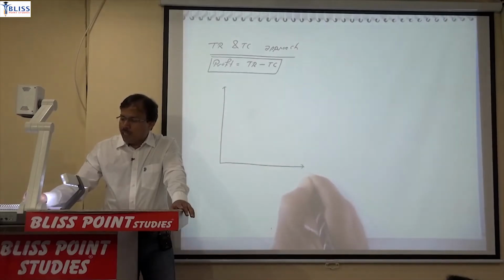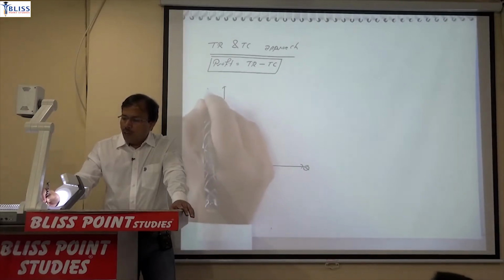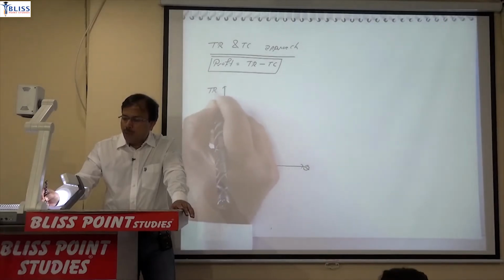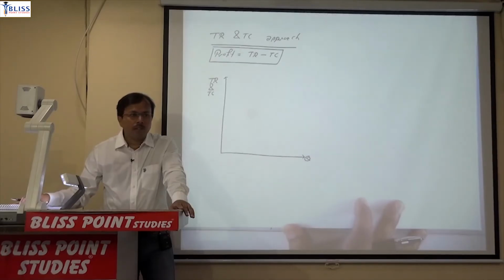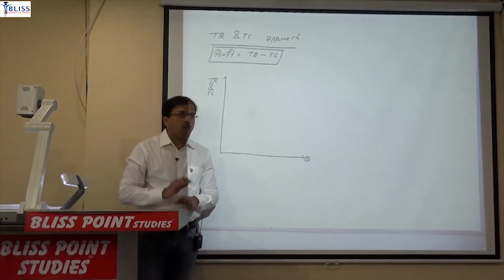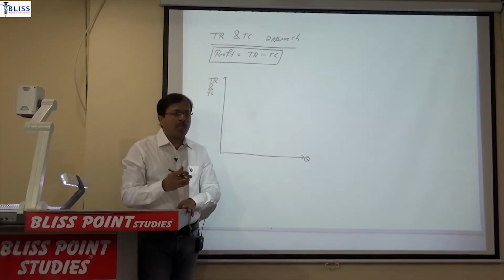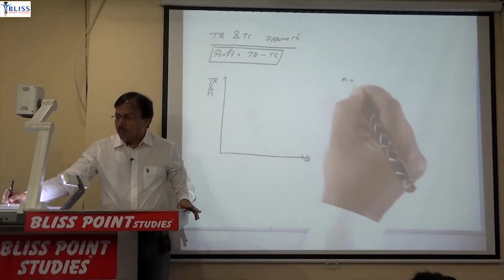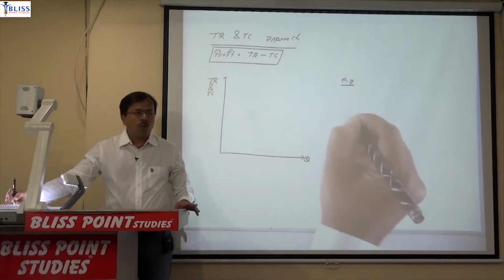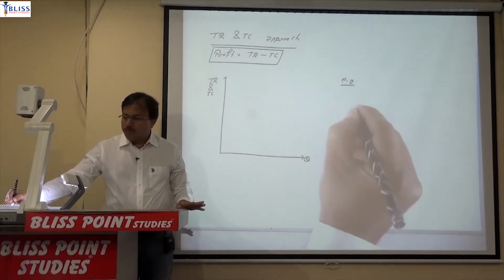Now if I write here quantity and on vertical axis it is total revenue and total cost, how to plot it first? Total revenue को अगर plot करना है तो total revenue is price multiplied by quantity, and just for clarity ये numerical value use करते हैं, पेपर में यूज करने की जरूरत नहीं.